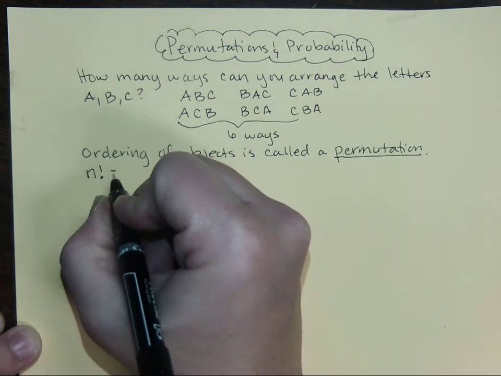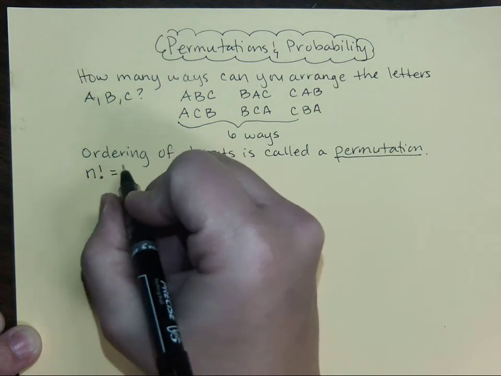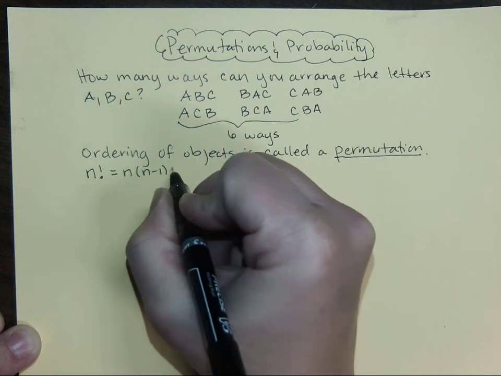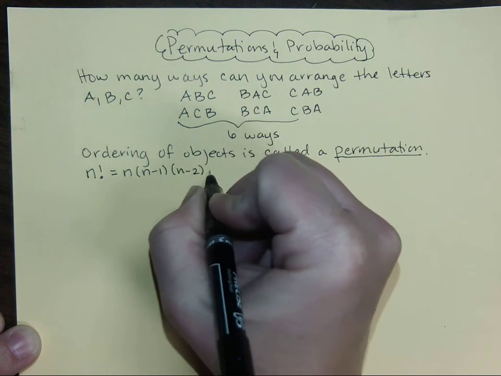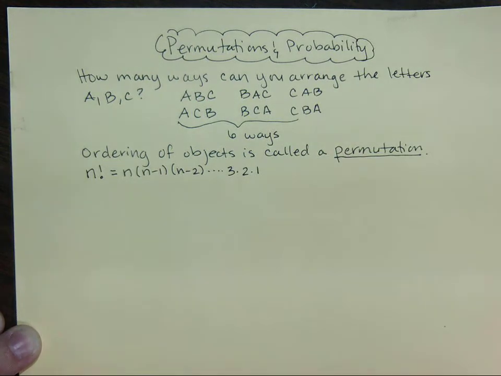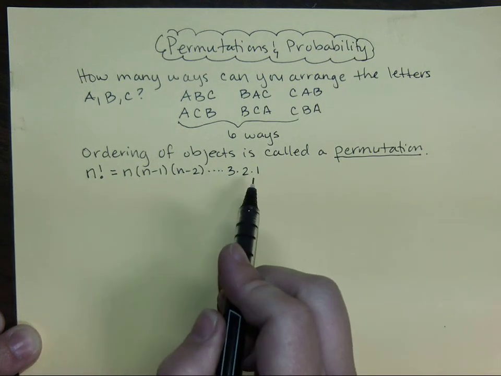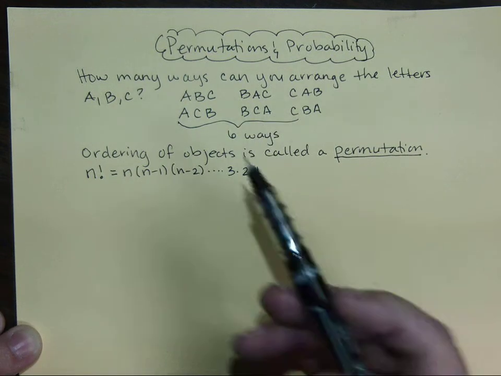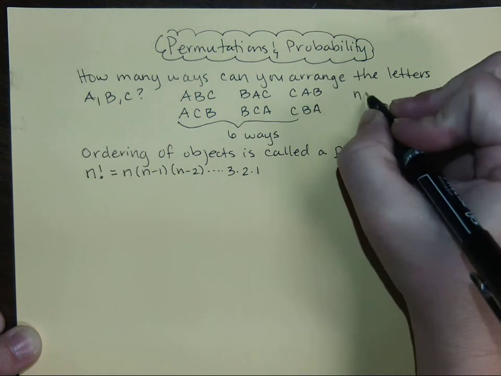But what it says is that you are writing in descending order n times n minus 1 times n minus 2 all the way down to 3 times 2 times 1. So it's a decreasing multiplication starting with the number n. So for example, up here my n is 3.